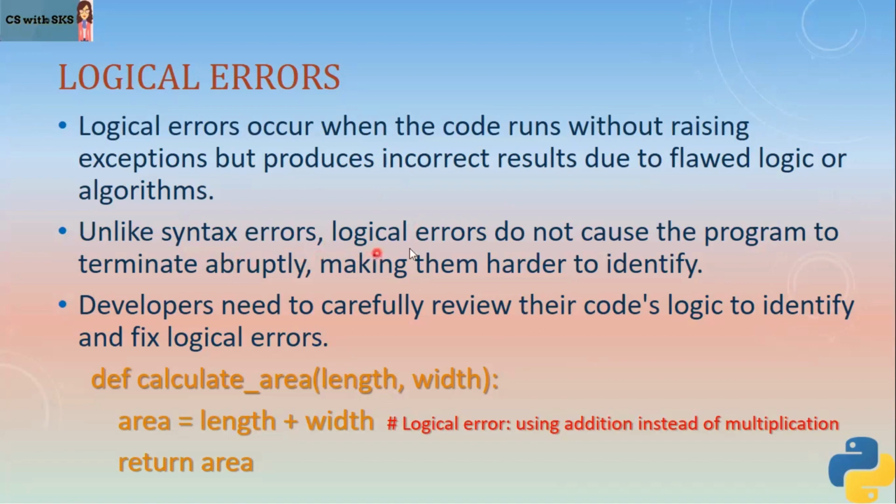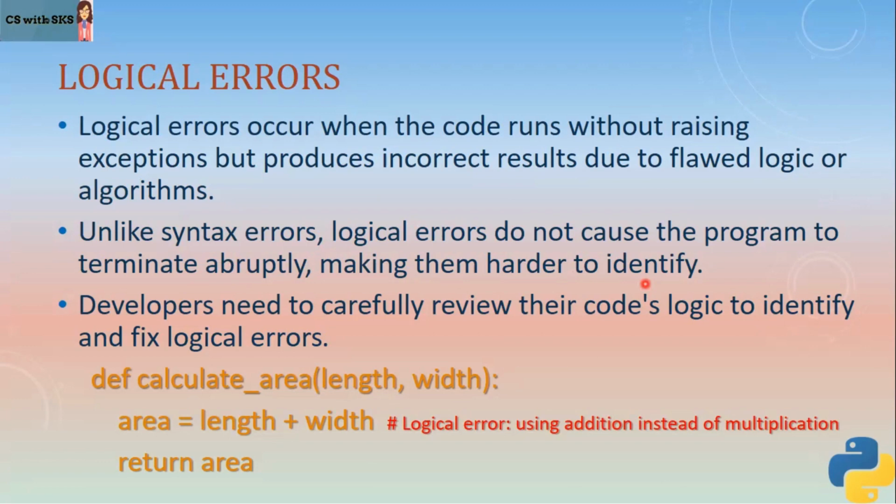Unlike syntax errors, logical errors do not cause the program to terminate abruptly, making them harder to identify. Here, it is programmer's job to identify the logical errors. Python interpreter can't tell you exactly where the error is, right? Because the error is not about the syntax, it's about the logic.